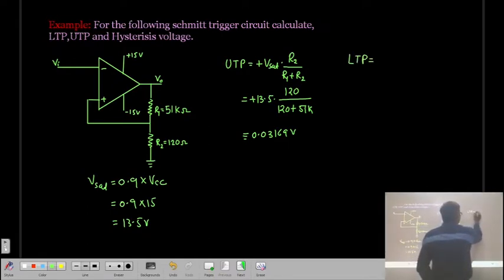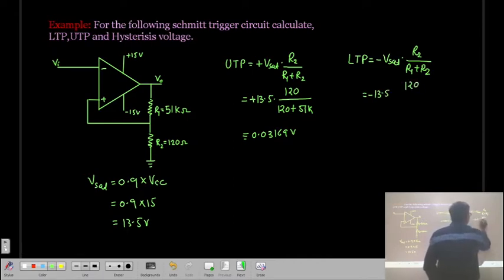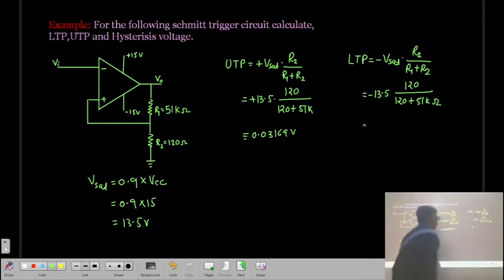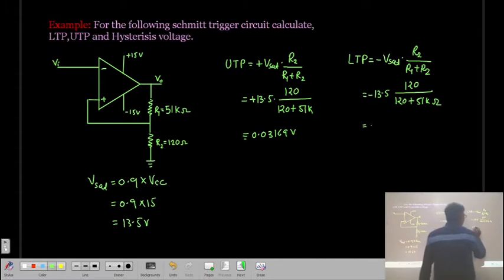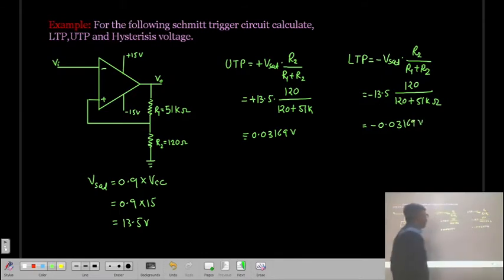LTP is minus V saturation into R2 divided by R1 plus R2, which is minus 13.5 into 120 divided by 120 plus 51 kilo ohm, and naturally this will come out to be the same magnitude but a negative sign, minus 0.03169 volt.